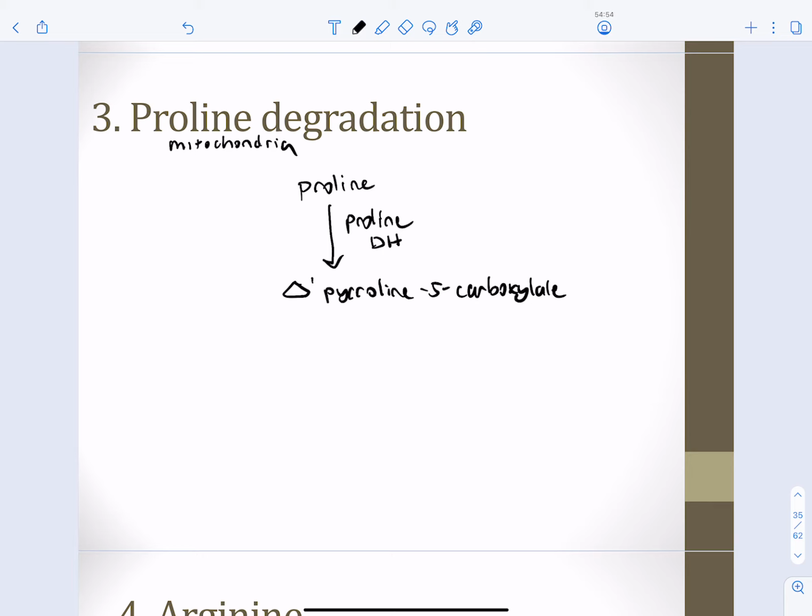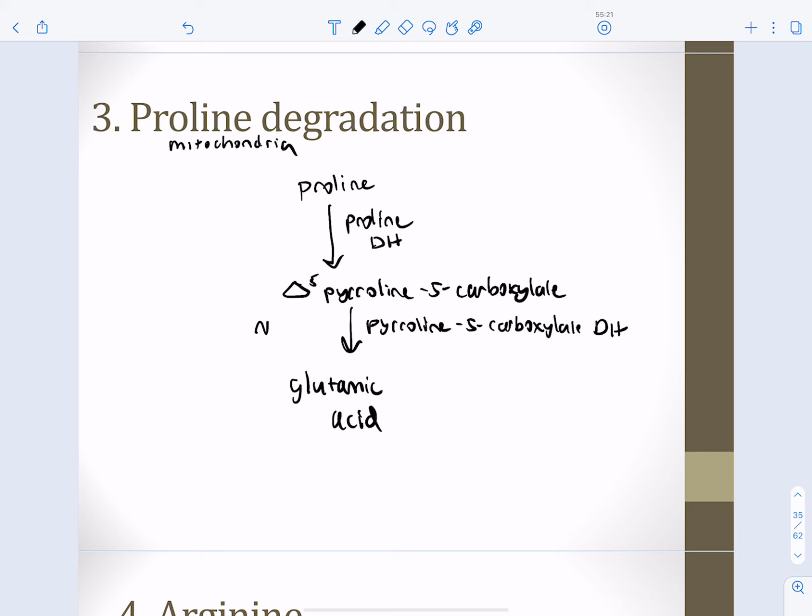And then you have a dehydrogenase. Okay, and that can form glutamic acid.